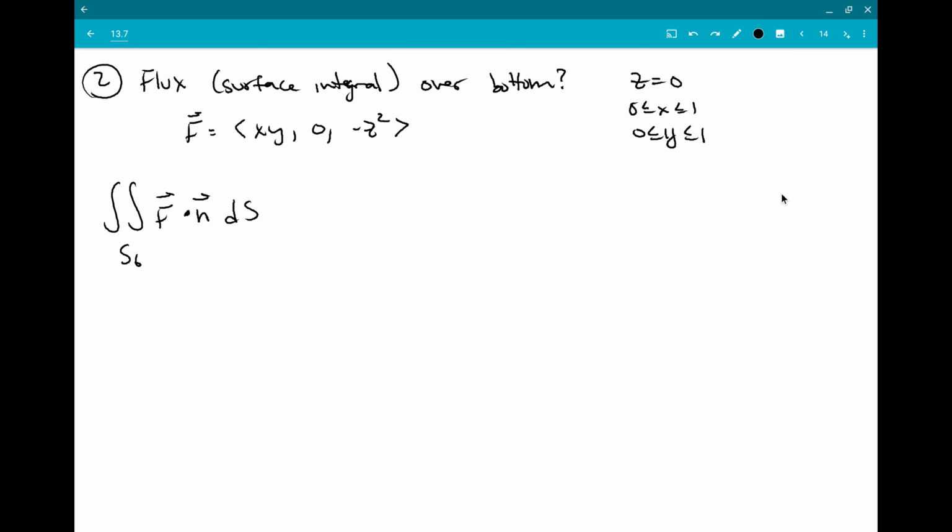And then since we're thinking about this unit square, our normal vector oriented outwards would have been just down. So our n is equal to minus k hat. Our F along the surface is equal to xy, 0, and then minus z squared. But this is one of those tricky problems where we're looking at z equal to 0 everywhere on the surface. So minus z squared is just 0.